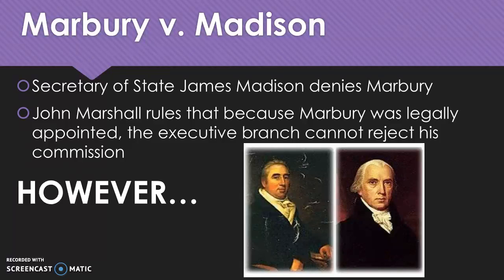Thomas Jefferson is denying me the job that I was hired to do by John Adams." And Marshall is asked to weigh in. Initially he says, well, Marbury was legally appointed. The executive branch cannot step foot over the role of the judicial system.